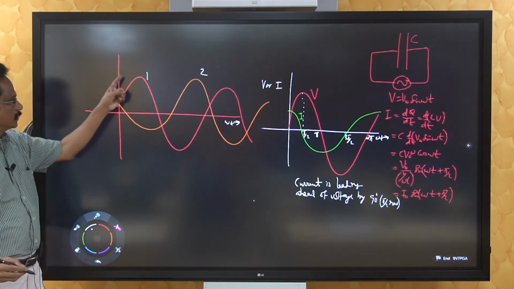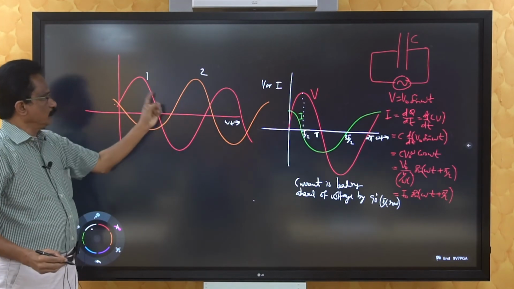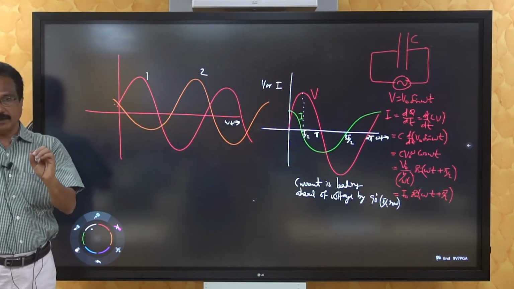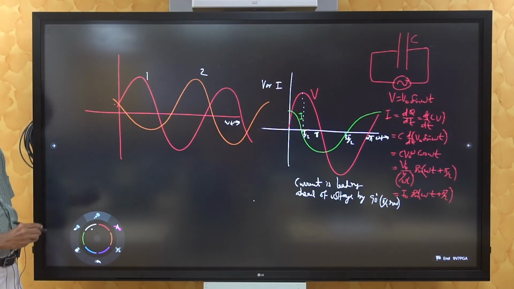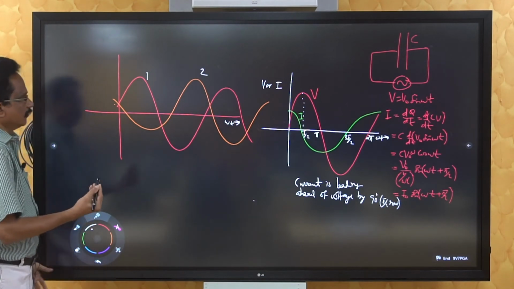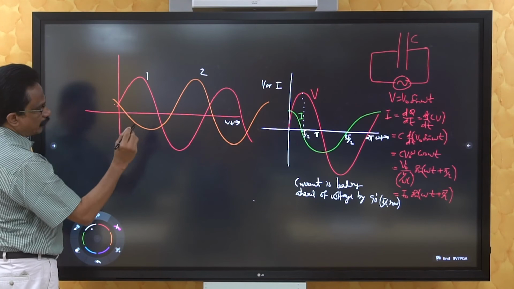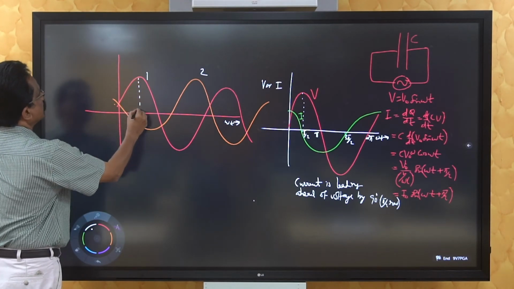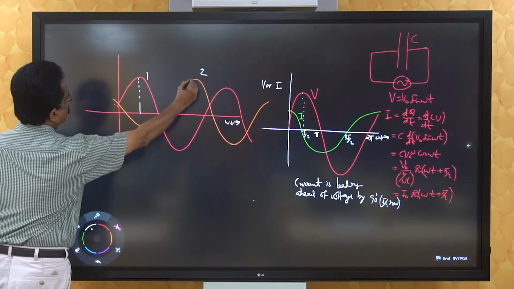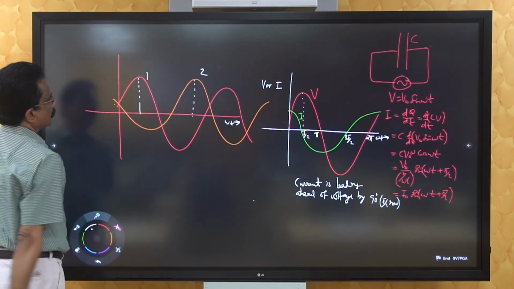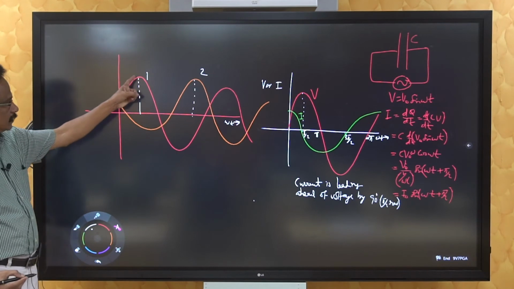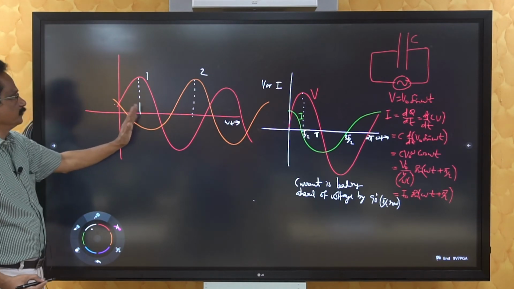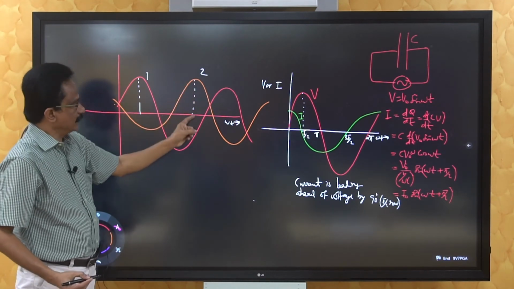Two waveforms are shown here. We will check which waveform is advancing or leading. What we have to do is just see which waveform comes first. This waveform gives its peak first compared to this one. Waveform 1 gives its peak in the shortest time. The peak of the second wave comes later.